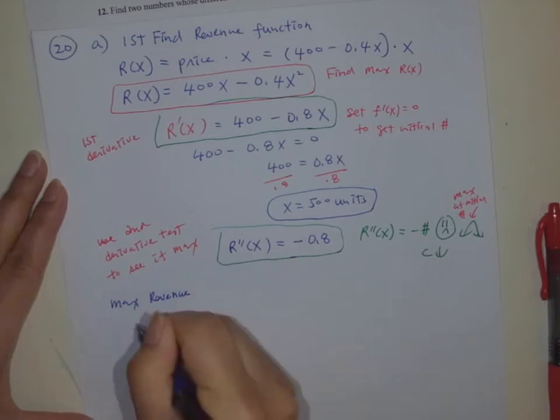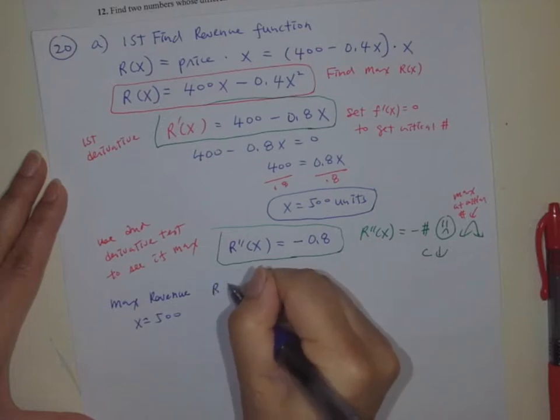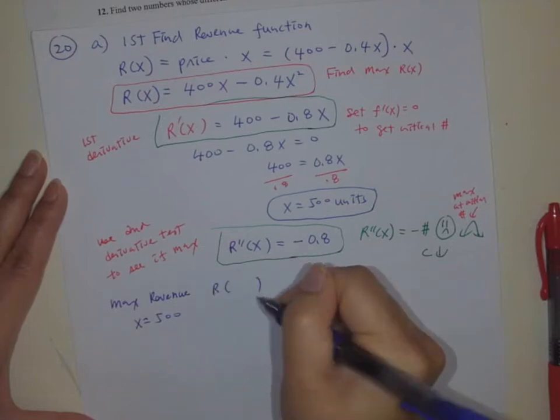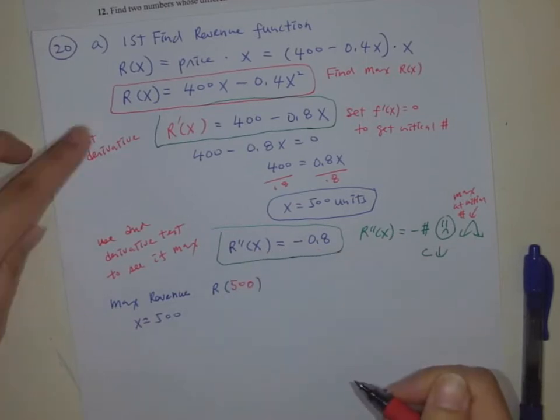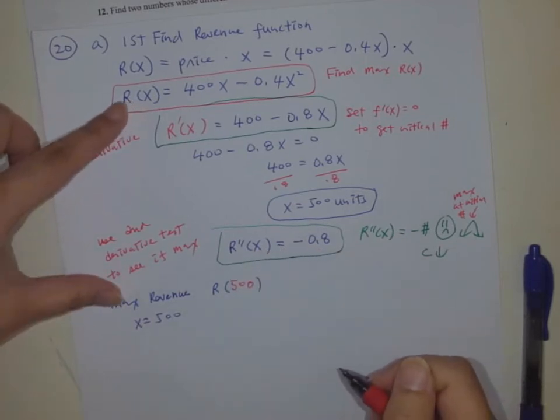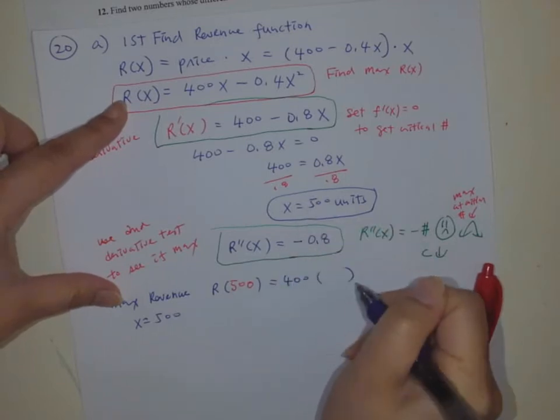Okay, so if we want to find the actual maximum revenue, we need to plug x equal to 500, the critical number, into where? Hopefully you know it's the original function, R of 500. So looking at our original R function, whenever you see x, plug in 500.